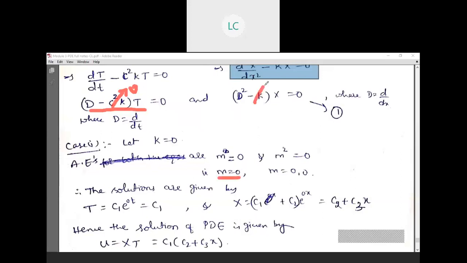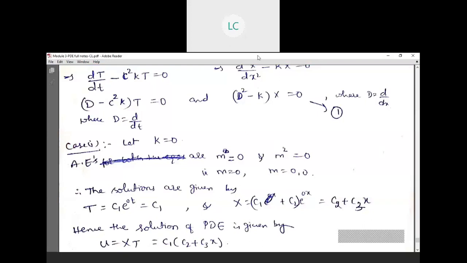And here if k is 0, we'll get only m square equal to 0. So the first one has only one root, m is 0. For the second equation we have two roots, 0, 0. That's why T is equal to c1 e power 0t. E power anything power 0 is 1, that is c1. X is equal to (c1 plus c2 x) e power 0x, that is X is equal to c2 plus c3 x.